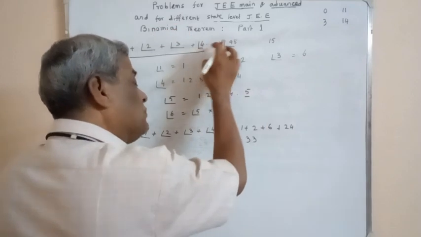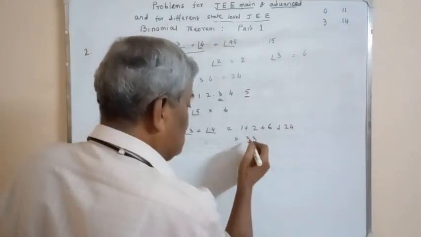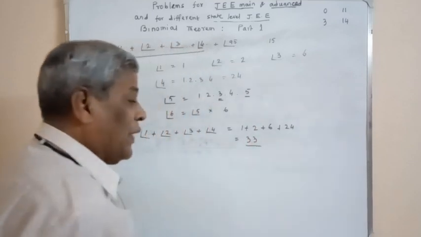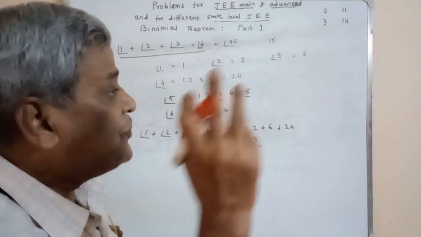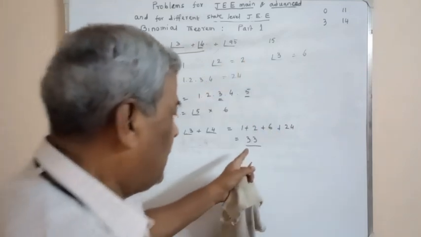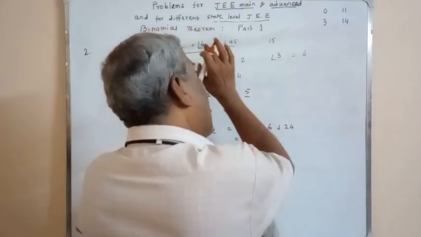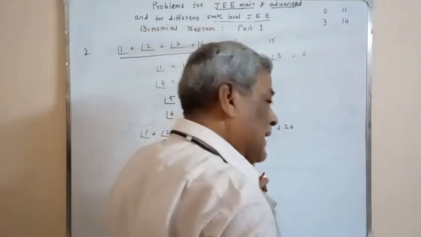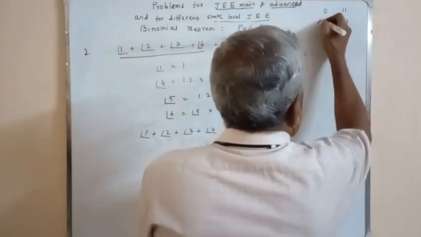After that, all terms are divisible by 15. So up to this, the sum is 33. When it is divided by 15, the remainder is 3, because 15 into 2 is 30, so the remainder is 3. All other terms are exactly divisible by 15. So the total remainder is 3.